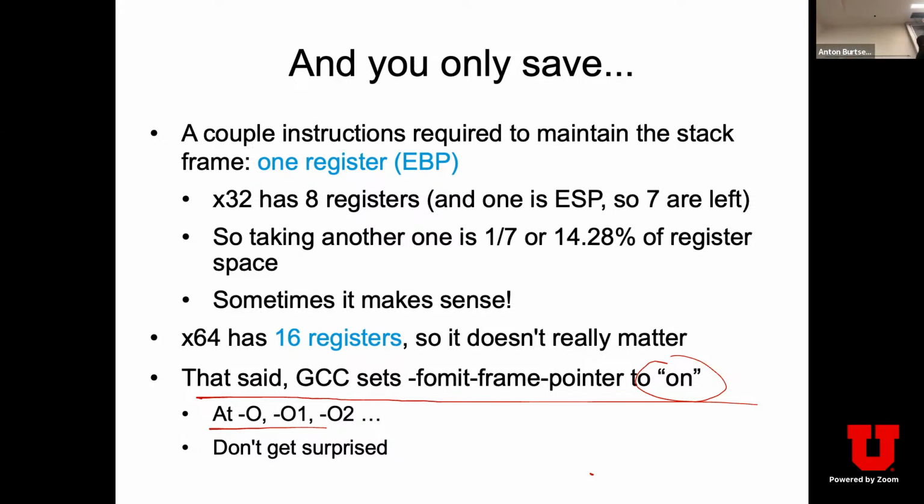So the code which I showed in this class requires this flag explicitly passed, right? If you don't, then you get functions which just do not maintain a stack frame. So they bought into this argument that 1% of execution time matters. It does matter, right? So when you generate something, don't be surprised that you don't see the stack frame, right?